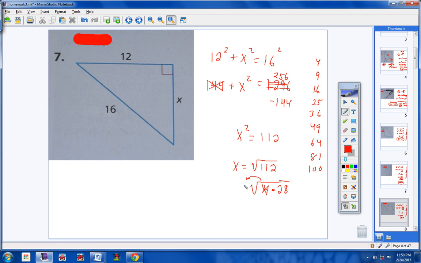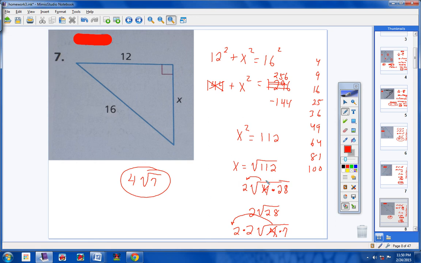Cross it off, put a 2 on the outside. So now I have 2 square root of 28. Well, 28 can be broken down into square root of 4 times 7. Alright, now, which one of these numbers do I know the square root of? 4. So cross out the 4, put a 2 on the outside, and you multiply these together. So you're left with 4 square root of 7.